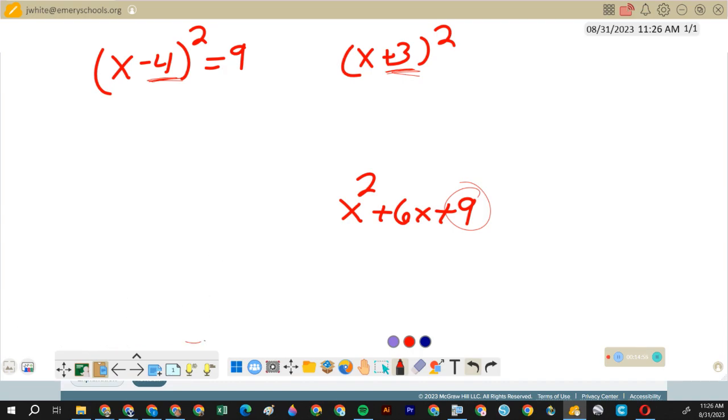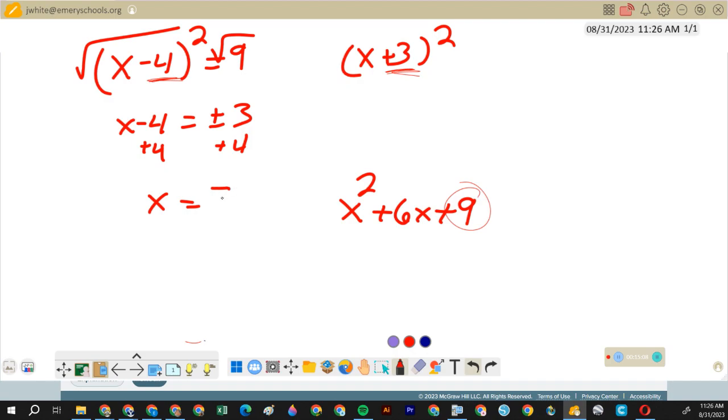So I could just square root, and I get x minus 4 equals plus or minus 3. And then I add 4, and I get x equals 3 plus 4 is 7, and negative 3 plus 4 is 1. Okay. The other way to solve that would be to multiply this out.